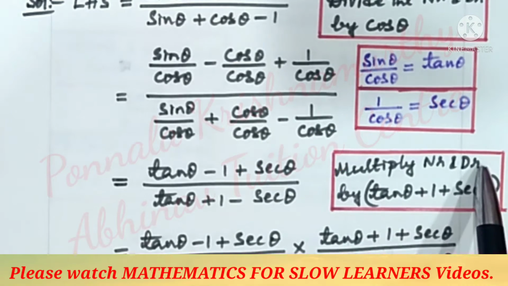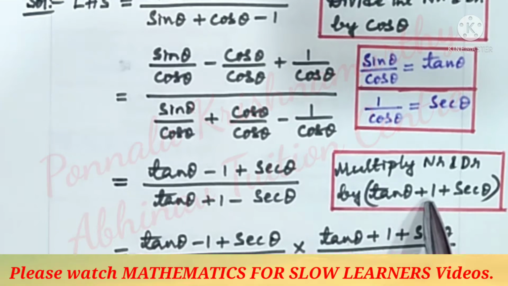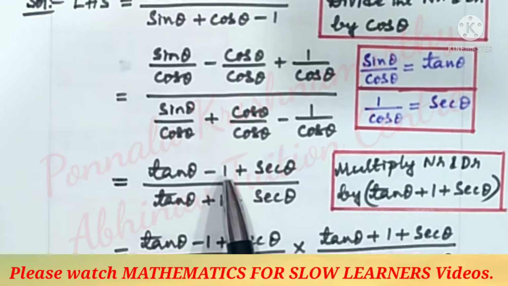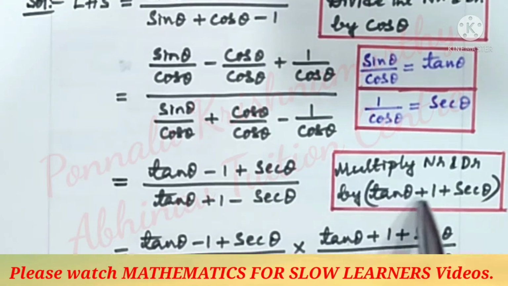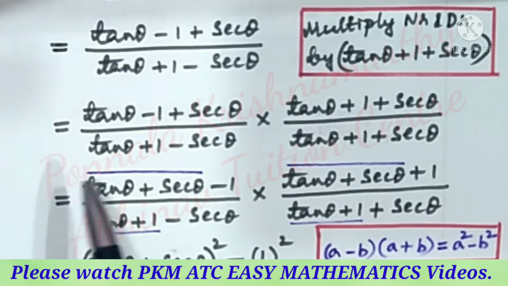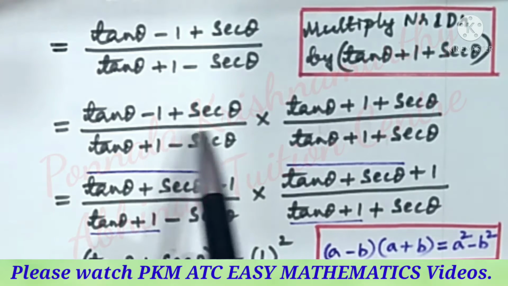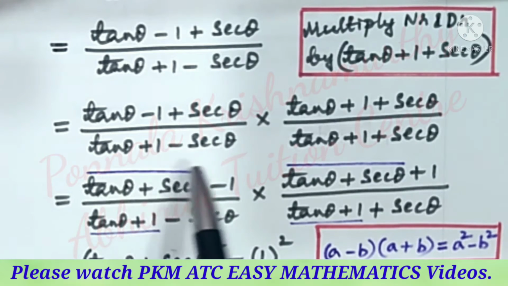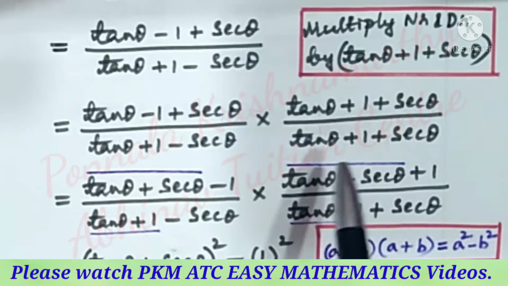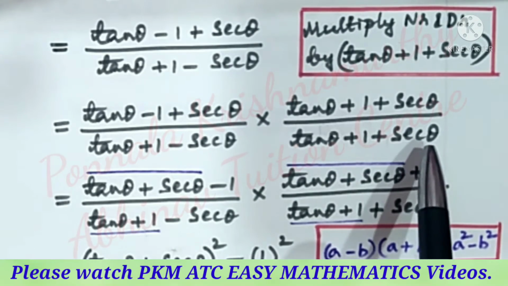Multiply numerator and denominator by tan theta plus 1 plus secant theta. Observe carefully, here we have negative sign for 1 and here we have negative sign for secant theta. But here we take all positives. That is equal to (tan theta minus 1 plus secant theta) by (tan theta plus 1 minus secant theta) into (tan theta plus 1 plus secant theta) by (tan theta plus 1 plus secant theta).